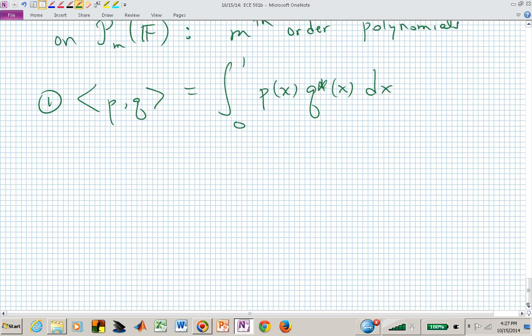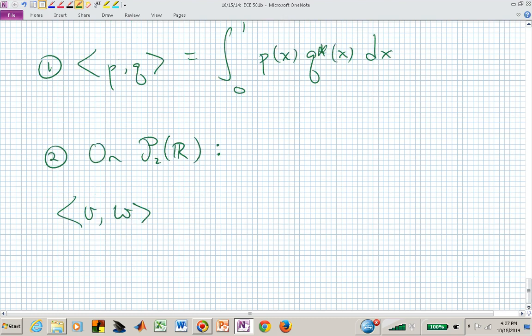If we specialize m, little m, to be second order, let's say on P sub 2, and let's restrict our coefficients to be real, then one inner product of v and w is the following.